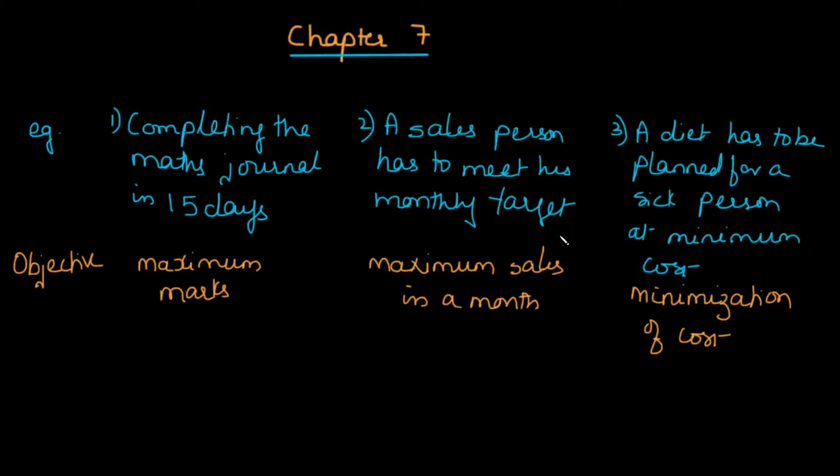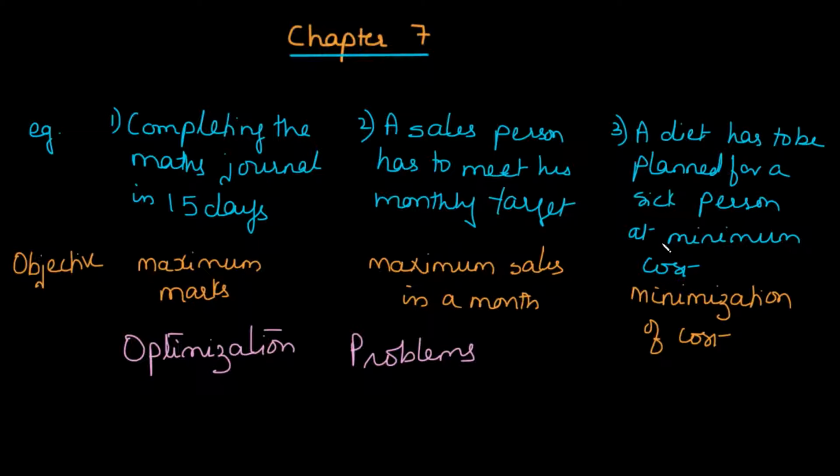Such problems, in which we try to get maximum benefit or minimum cost, are called optimization problems. In these optimization problems, we either find maximum profit or other maximum benefit, or we minimize the cost. Many other such examples might be there.